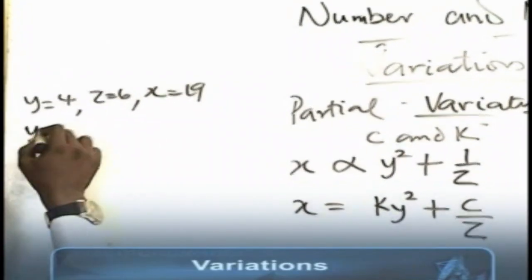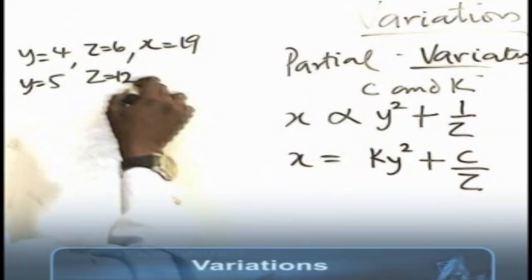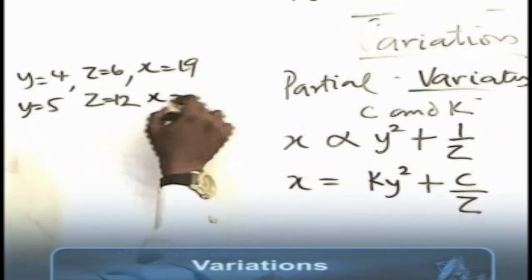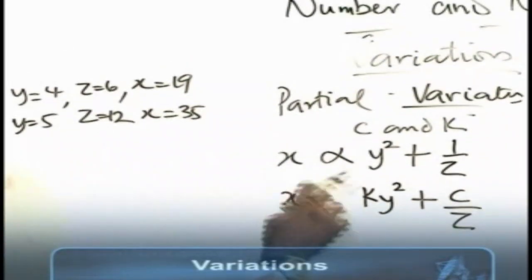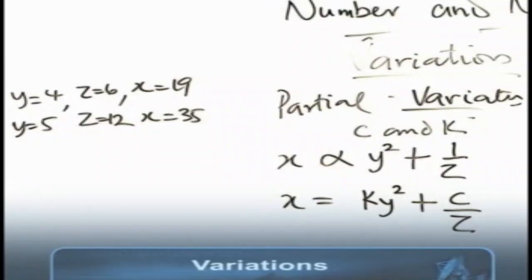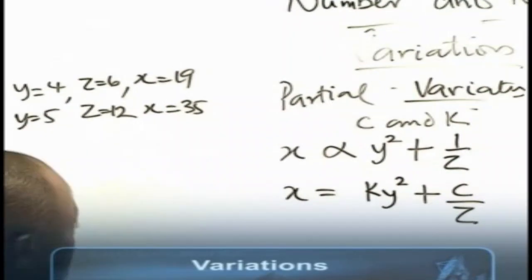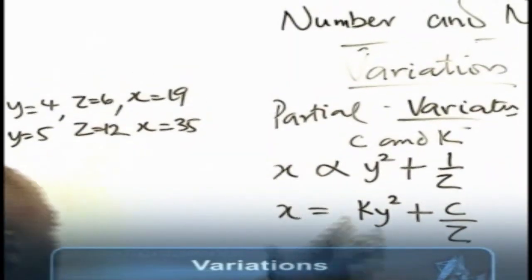Again, y equals 5, z equals 12, and x equals 35. So you will use these two sets of values to determine our constants. All right, so let's start.